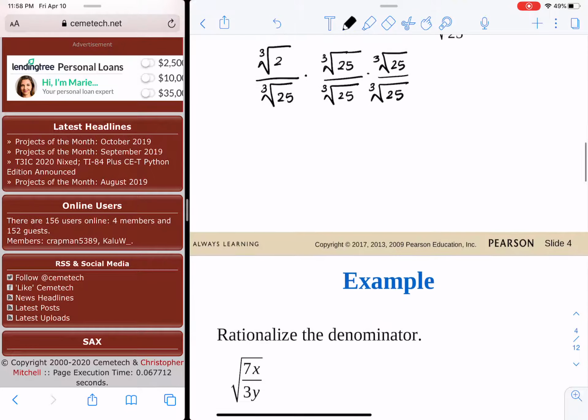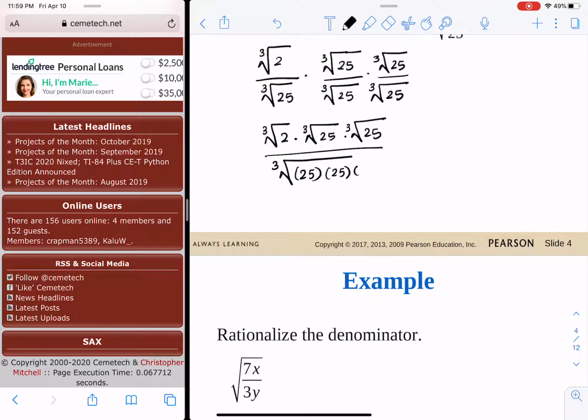so that would give us cube root of 2 times the cube root of 25 times the cube root of 25. The denominator, if we combine the roots and put it under a common root, we have 25 times 25 times 25.